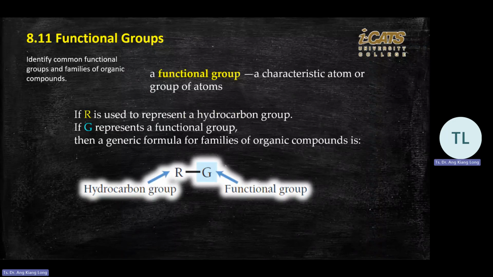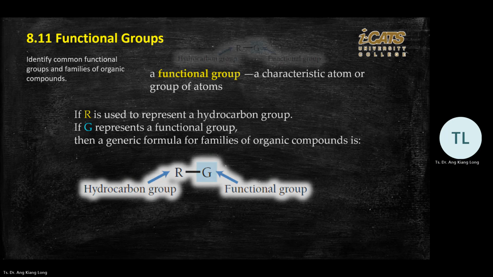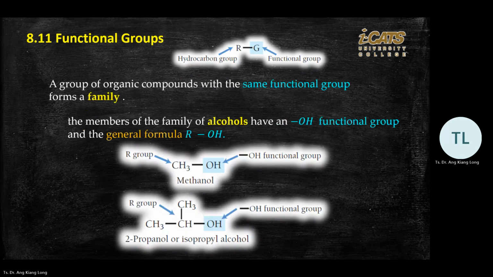Functional group we already introduced just now. It's just further information on how you write it in the chain structure. So in this case, we use R and G. R means hydrocarbon group with the C and H, and suddenly there's a functional group, methane, and so on. So you read.